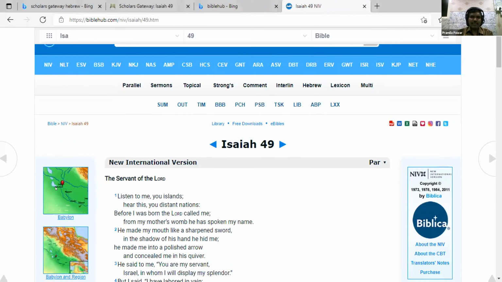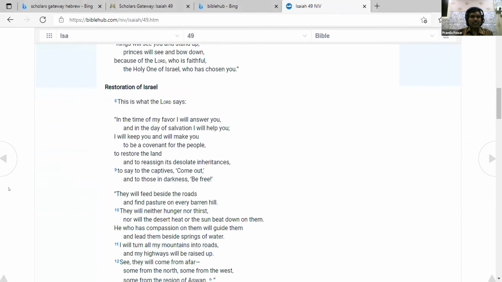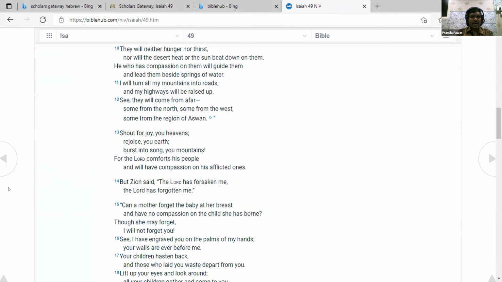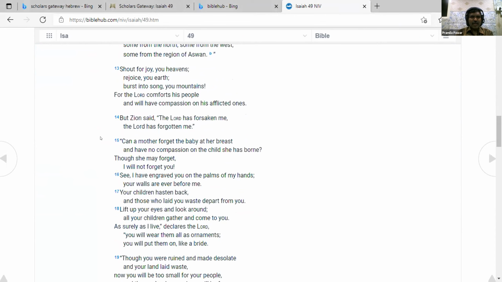If we read here in the 15th verse: Can a mother forget the baby at her breast and have no compassion on the child she has born? Though she may forget, I will not forget you. This is the promise of God to Sion.